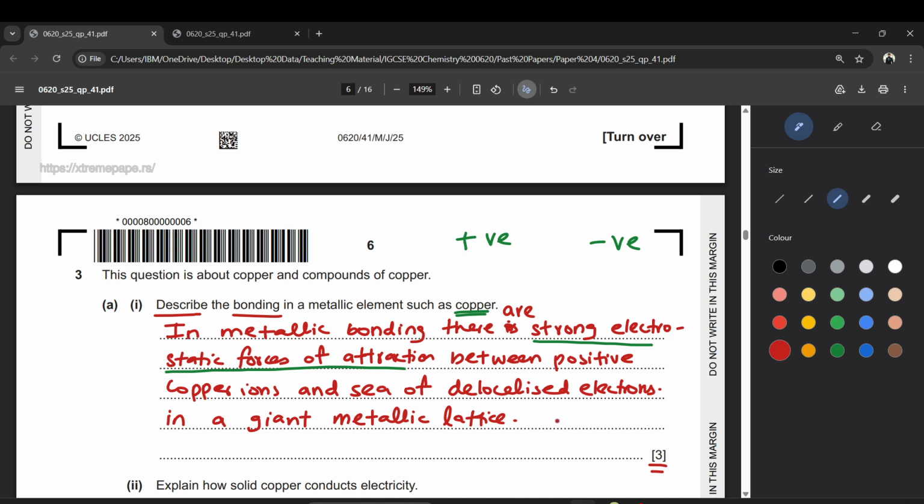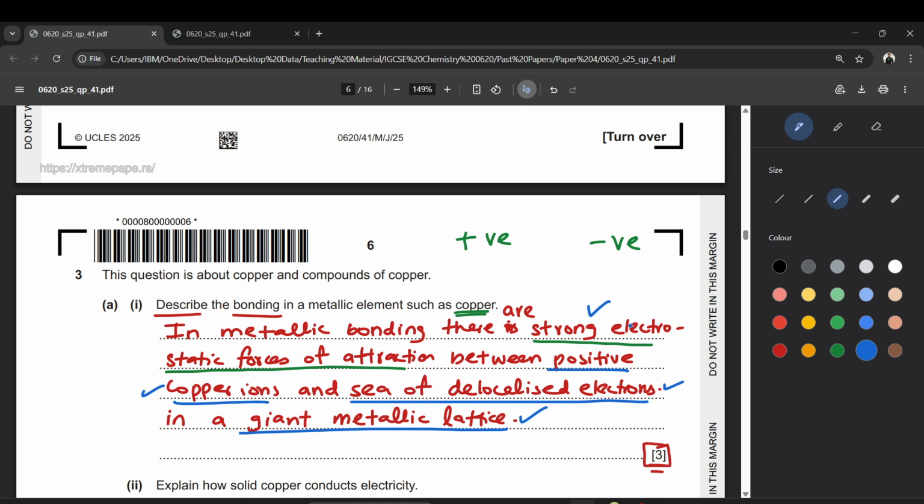Now, why am I writing so many things? Because I don't exactly know how the marking scheme is set. Sometimes you'll have 1 mark for this, another mark for this, the third mark for this, but this is not a 4-mark question. So sometimes they might combine the positive copper ions and sea of delocalized electrons and count this as 1 mark.